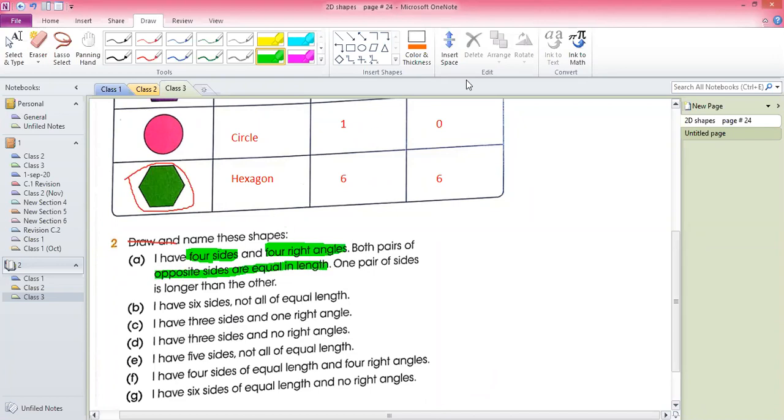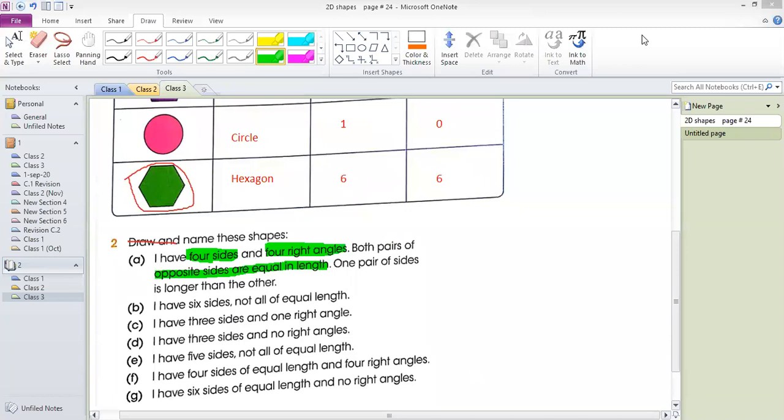Look, guys, in 2D shapes, first you have to identify which shape has 4 sides and corners. Tell me, which 2D shapes have 4 sides and 4 corners? No, listen to my question carefully. I want the names of the 2 2D shapes which have 4 sides and 4 corners.